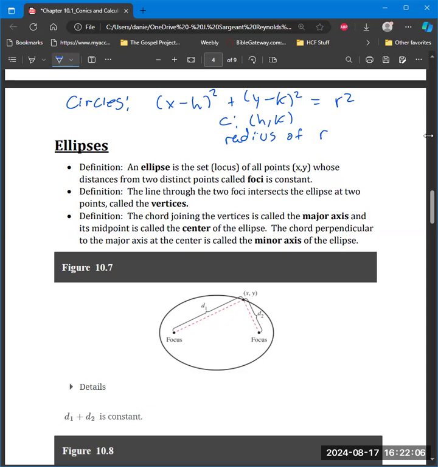I'm just going to tell you that you have an eccentricity, that's a fancy looking e, of 0 for a circle, and your eccentricity for an ellipse is between 0 and 1, not included. If I have a line, the eccentricity of a line is exactly 1.